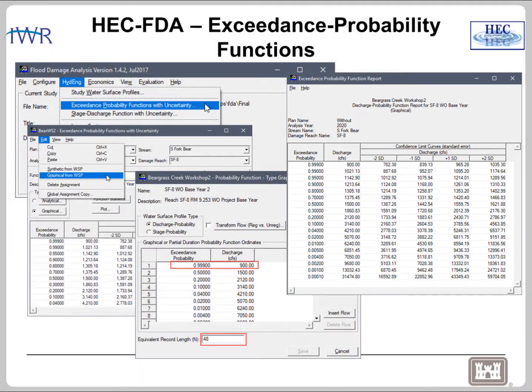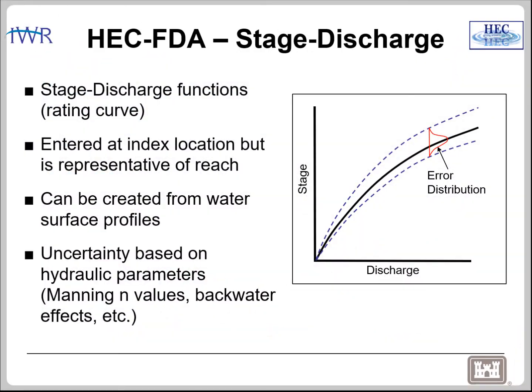in the generated files. The HEC-FDA stage discharge function, also known as the rating curve, again is also entered at the index location. As stated before, the index location is determined as the best representation for the reach. And as with the exceedance probability functions, we will be generating the stage discharge functions from the water surface profile.